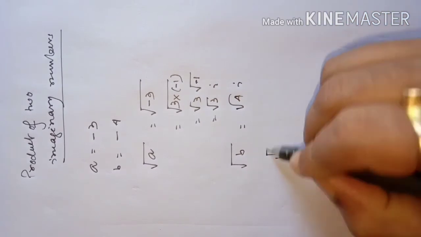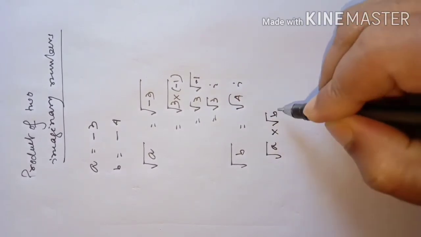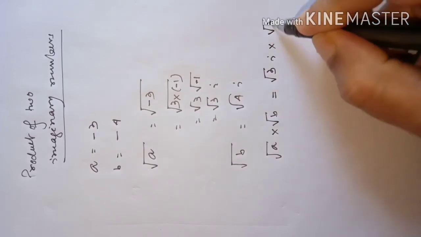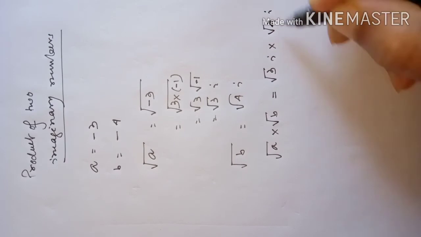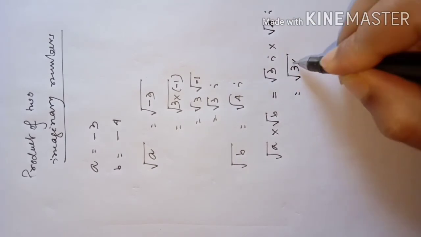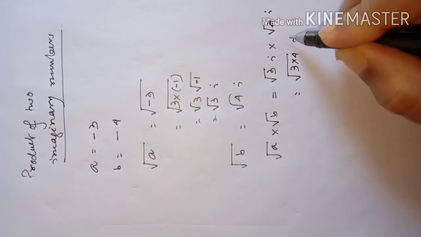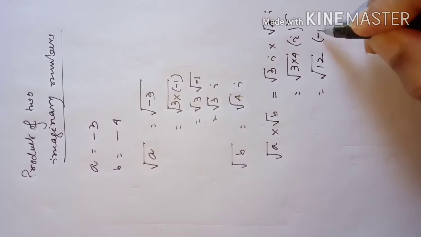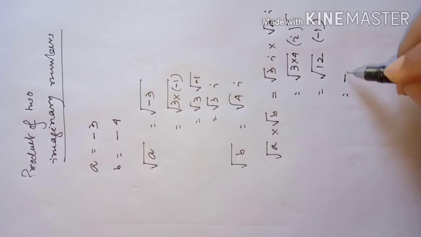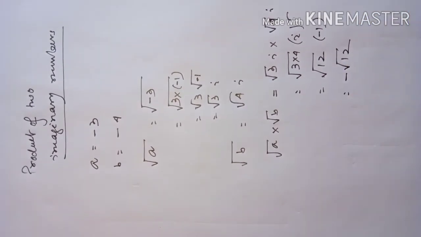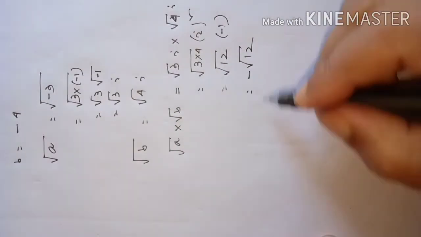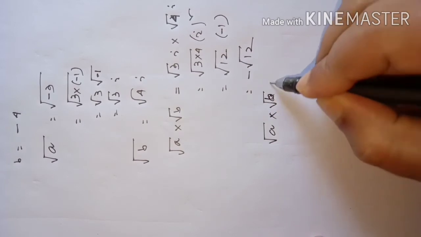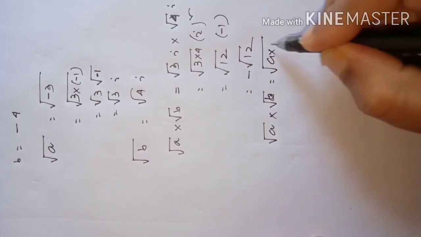Now if I multiply under root a with under root b, then I will get under root 3 iota multiplied by under root 4 iota. That will give us under root 3 into 4 iota square, which is equal to under root 12 iota square, and iota square is minus 1. So it will be minus under root 12. Now if I think that under root a into under root b, I can write as under root a multiplied by b, will it be correct?